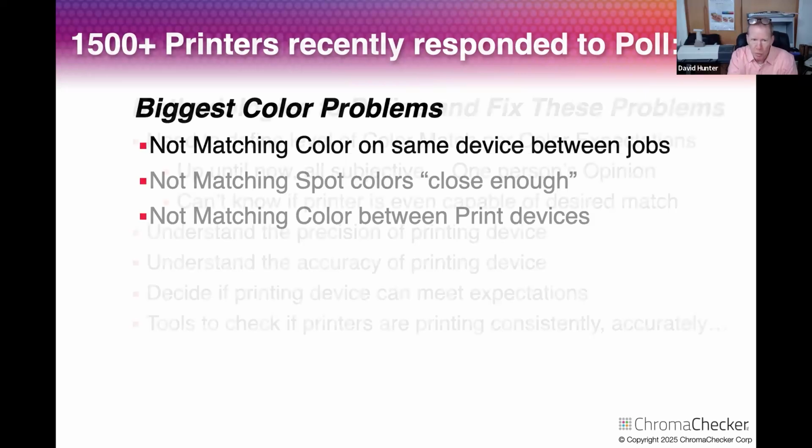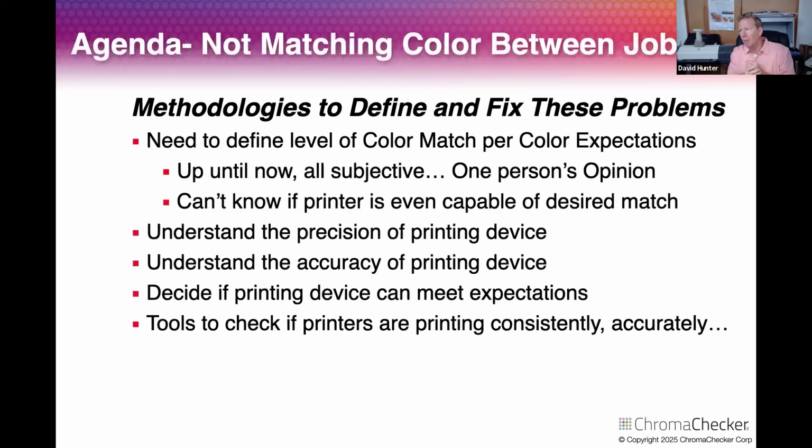To really cover this, we need to go into some, we'll call it prerequisites, some background information to help you understand how we can check what the consistency is of the press. It all comes down to defining what is a color match per your color expectations.